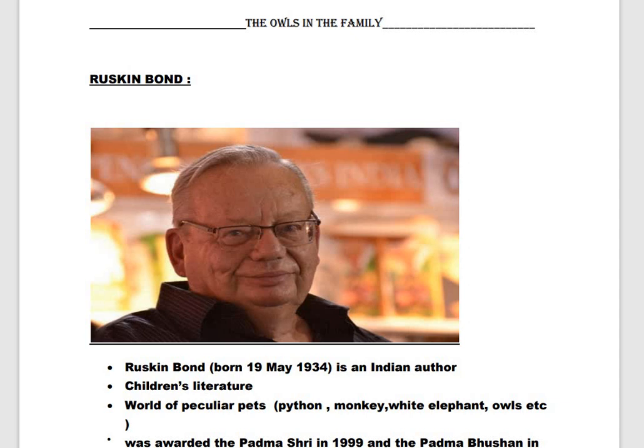If you read his stories, you will find the stories of that grandfather and that little boy, the ghost in the verandah. In all these typical stories, you will find that the background is very much Indian. In his writing we always find peculiar pets like python, monkey, the white elephant, owls.